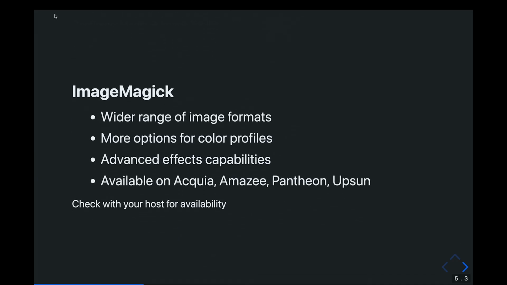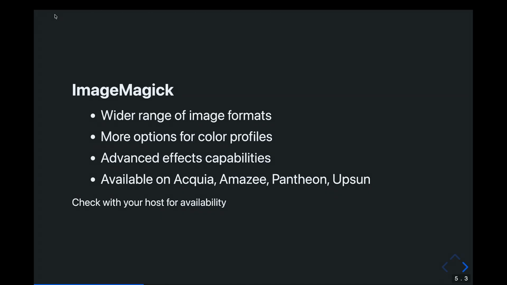But there are other image toolkits out there. If you've done a lot of image manipulation, you've probably used Imagemagick, because Imagemagick just has a wider range of image formats that it supports. It does so many more things in terms of giving you options to change color profiles, which doesn't sound all that important, but sometimes when you're transforming an image, it may not show up quite the same way on, say, an older Windows machine than it does on an Apple computer, because the underlying image profiles that they're using there are totally different.